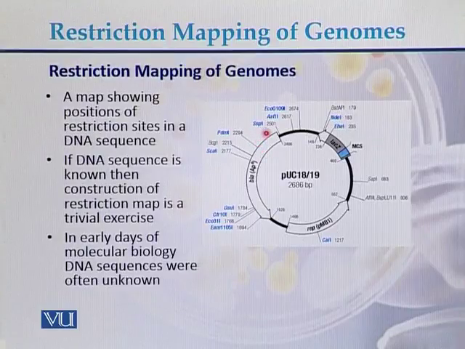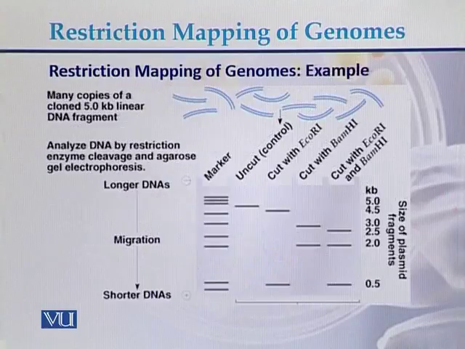Here we can see a site for a restriction enzyme SspI. So here is the site. And for another enzyme, EheI, the site for that restriction enzyme is here. So when we know the location of the sites of the restriction enzymes, that map is called a restriction map of the DNA or restriction map of the genome.